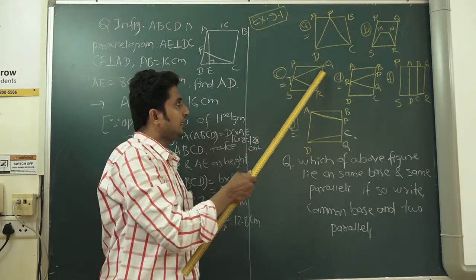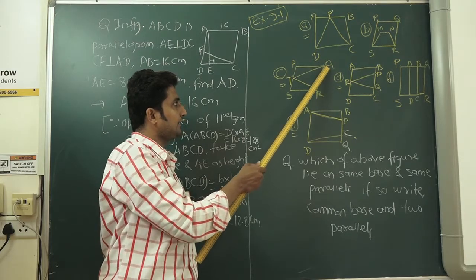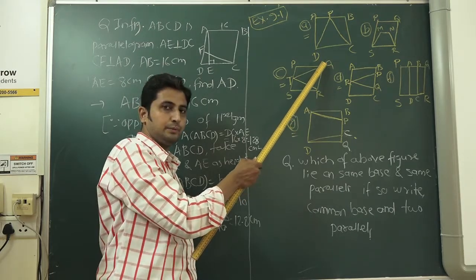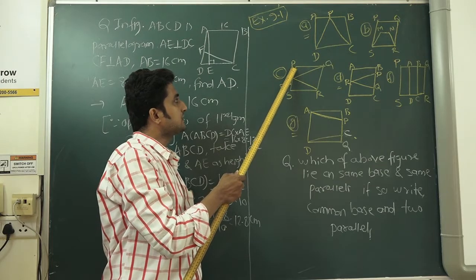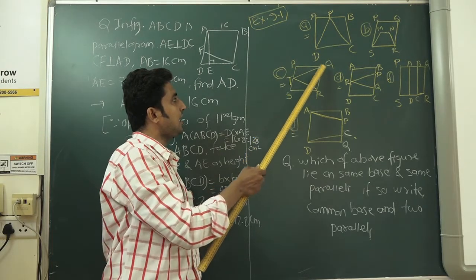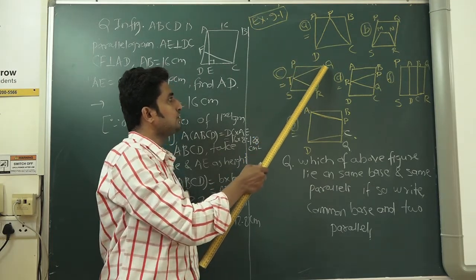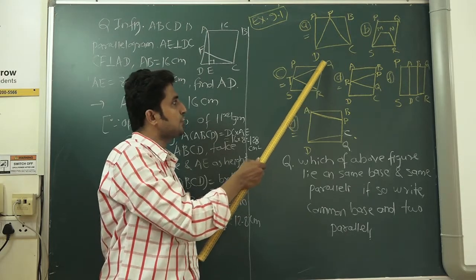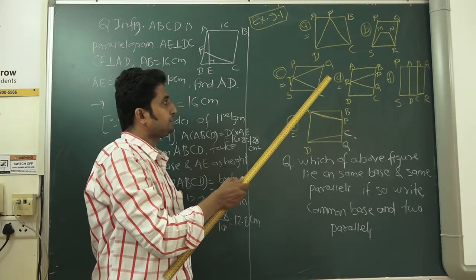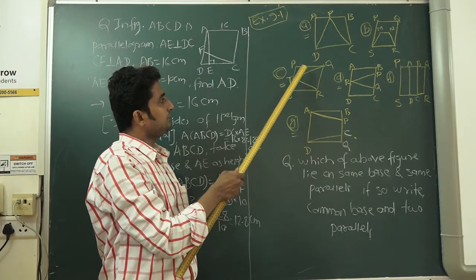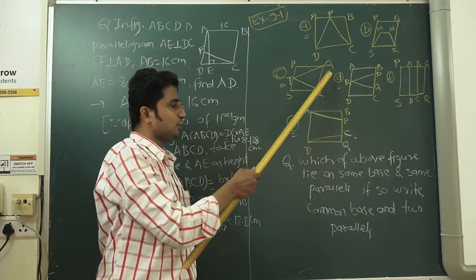Here it is clearly seen that the triangle has the base RQ, and this also has the common base QR, and side PS is parallel to QR.